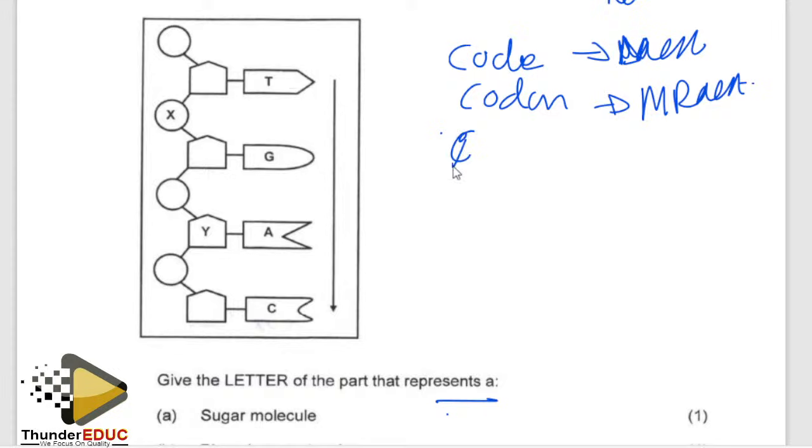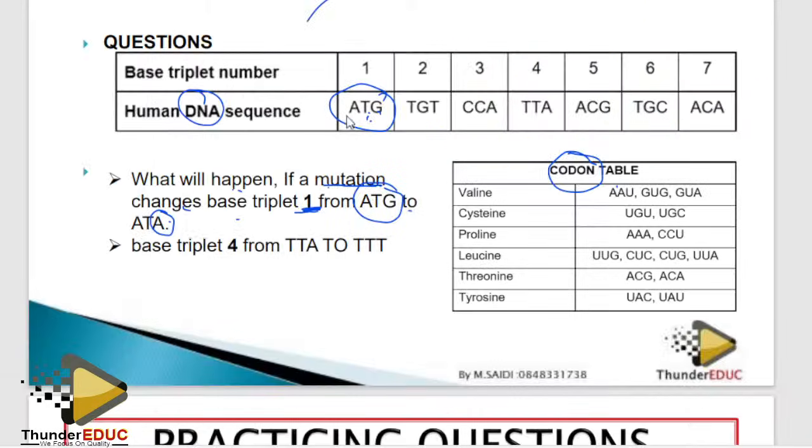When you talk about anticodon, we mean 3 bases on transfer RNA. So now the question is asking, it means that it's changing from DNA to codon. It means that it's talking about messenger RNA. Is it clear? So now what you do is change this into messenger RNA.